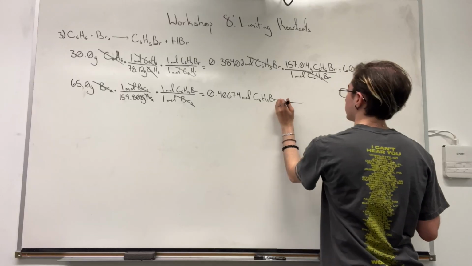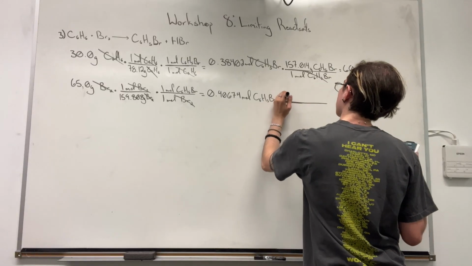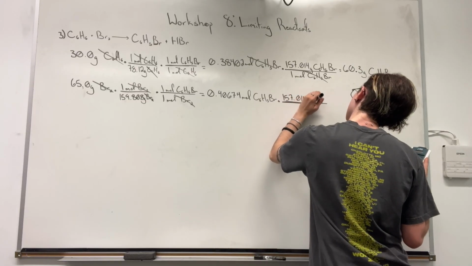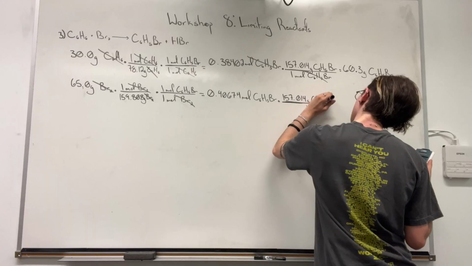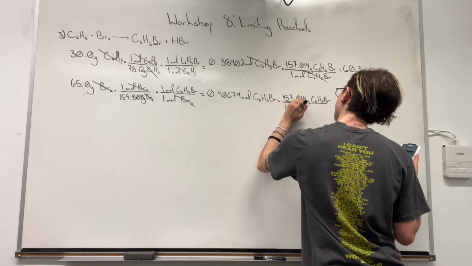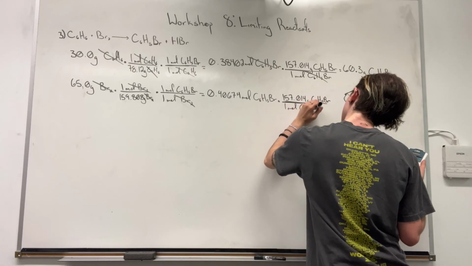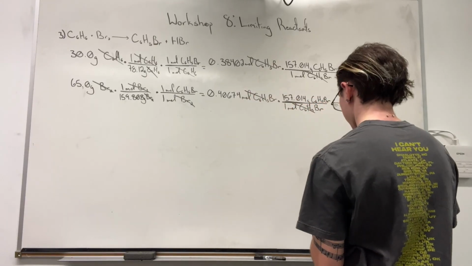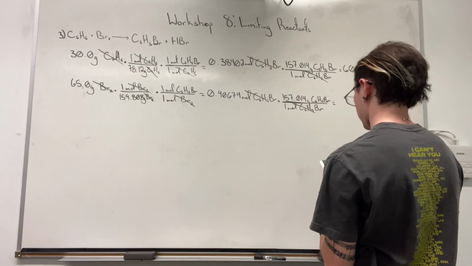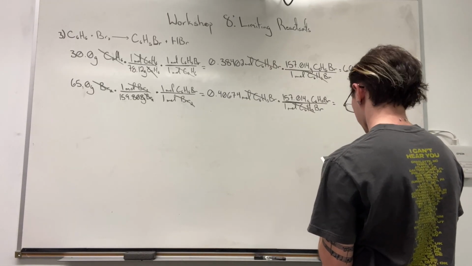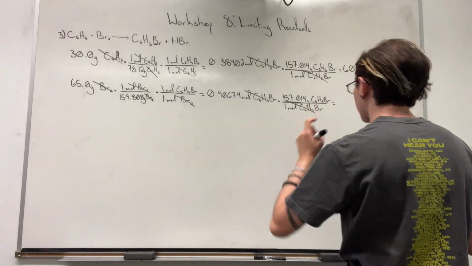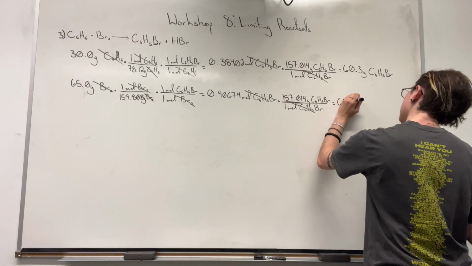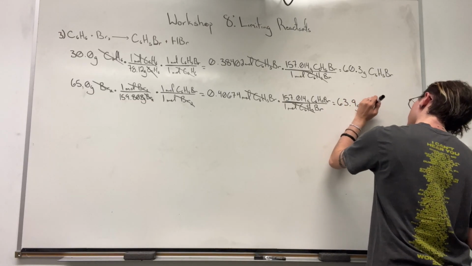Converting that into mass, C6H5Br times 157.014. 65 grams of bromine is going to produce 63.9 grams of bromobenzene.